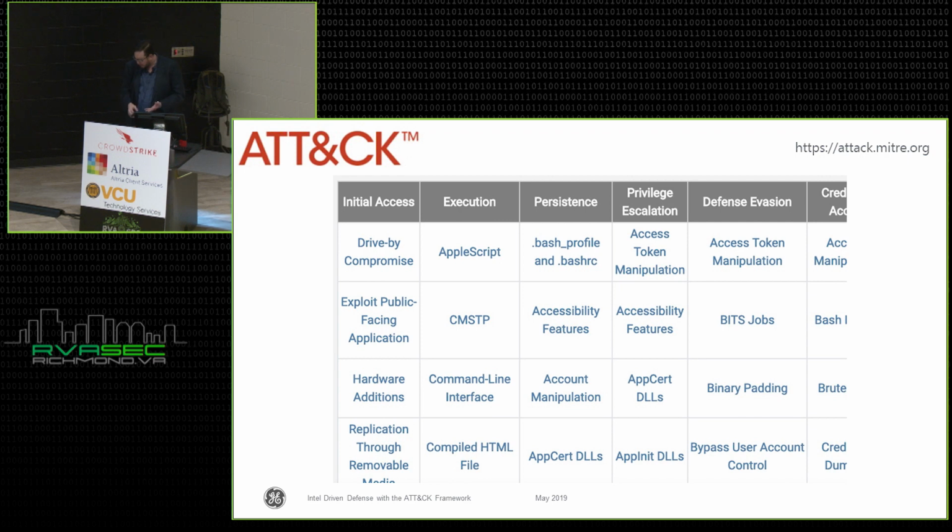So the framework, you can use this in your operations to map out an attacker's actions at various stages of an intrusion or an attack. So identifying the sequence of behaviors provides a clear picture of an attacker's capabilities.